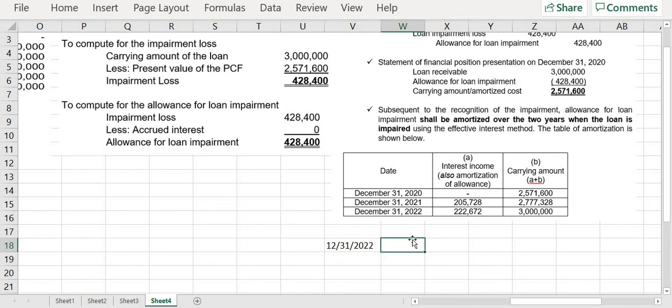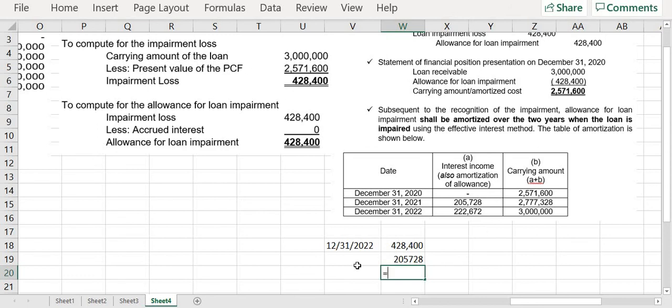So to get the exact amount, yung gagawin natin is, di ba may balance tayo or may allowance for loan impairment tayo na 428,400. So lagay natin dito 428,400. Now, di ba amortize na tayo ng part of that in 2021 na 205,728. Okay, so na-amortize na 205,728.